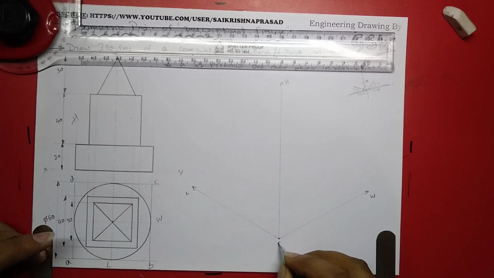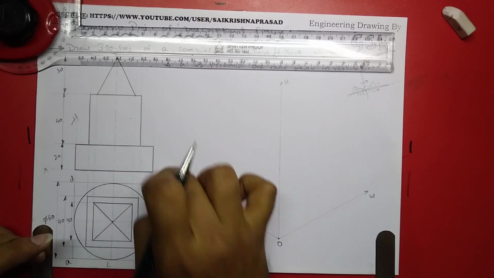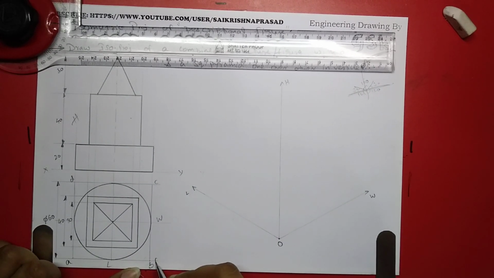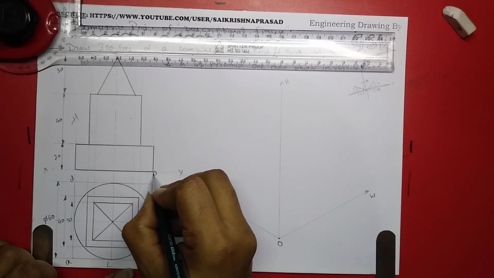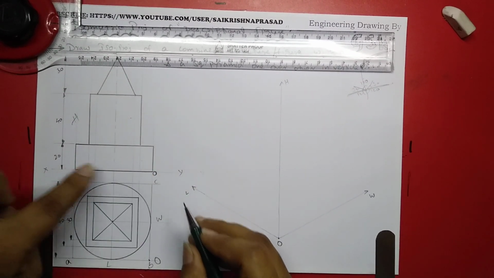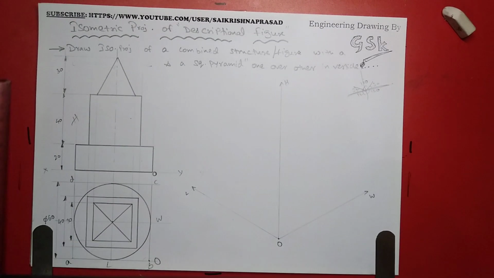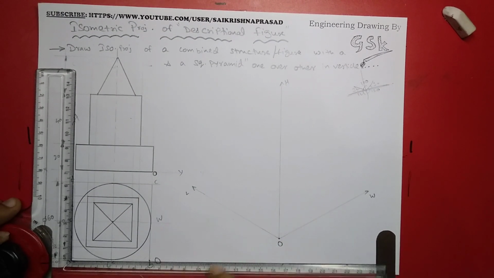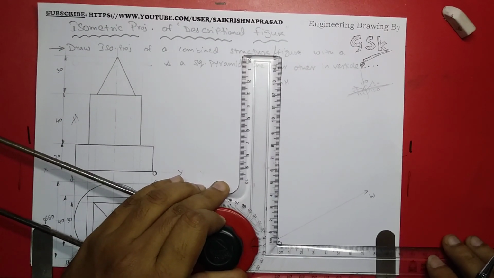I'll be taking this as the origin. From here I'll be taking width, here length. So I'll be placing this 0 at this position and at this position, right? So whatever lines come from this origin would start from this point and this point. So this box is of dimension 60, right?